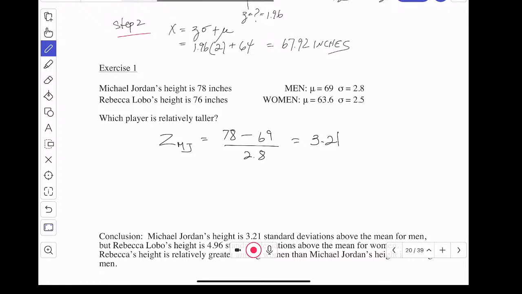But when you check Rebecca Lobo, 76 minus her mean, divided by her standard deviation, she's much more an outlier. She's much taller. So she's the taller of the two, relatively speaking.